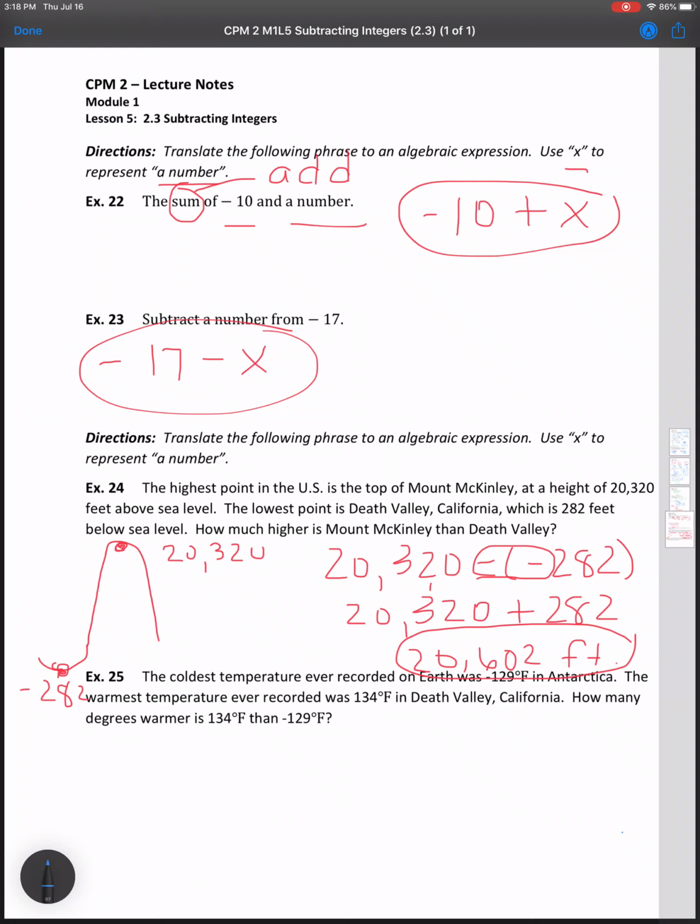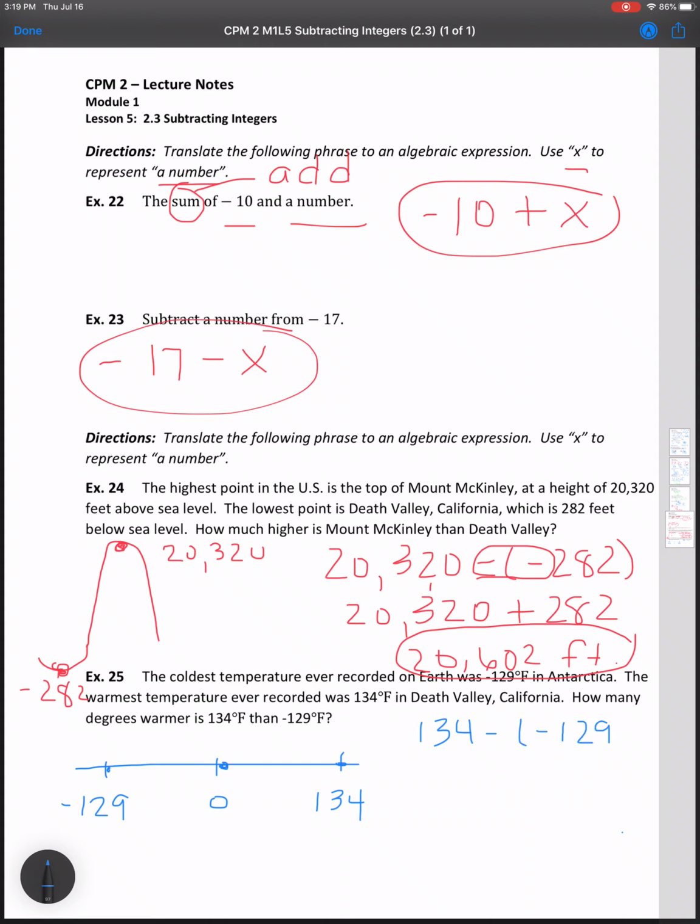So again, they're really asking the difference, and so you just have to be careful. Like if I just gave you a number line, so here's 0, right? Negative 129 is way over here. 134 is way over here. So you can see how, okay, from here to here is 129, from here to here is 134. So you can see how we're going to have to add the two together. So mathematically what's going on here is we're really finding the difference.